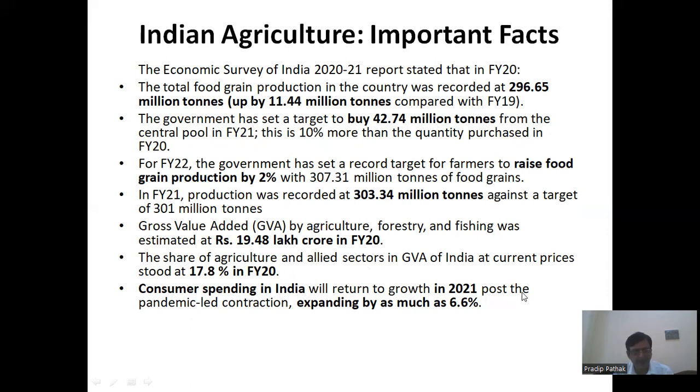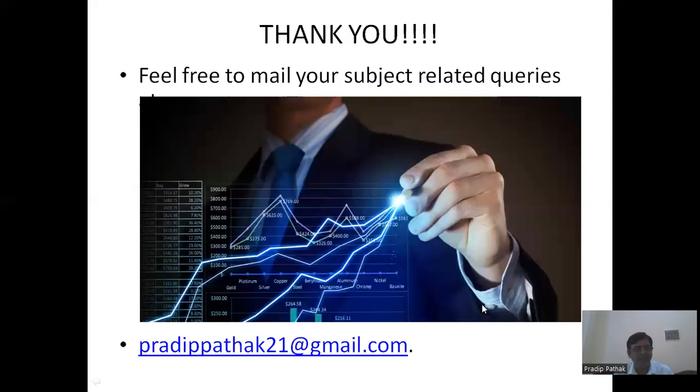And consumer spending in India will return to growth in 2021, post the pandemic-led contraction, expanding by as much as 6.6%. So in spite of the fact that we are growing, we have to go not at the same pace, but by leaps and bounds.